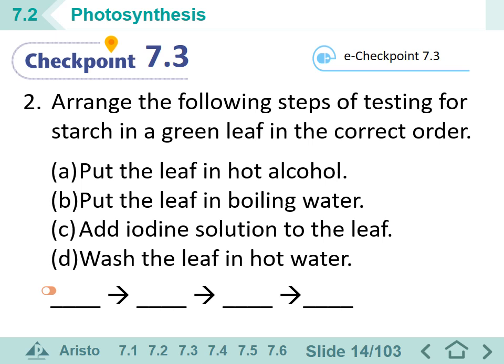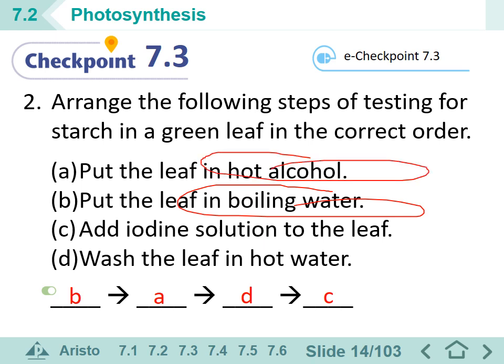To remove the chlorophyll, and then wash it to make it soft. The last step is to drop the iodine solution, right?